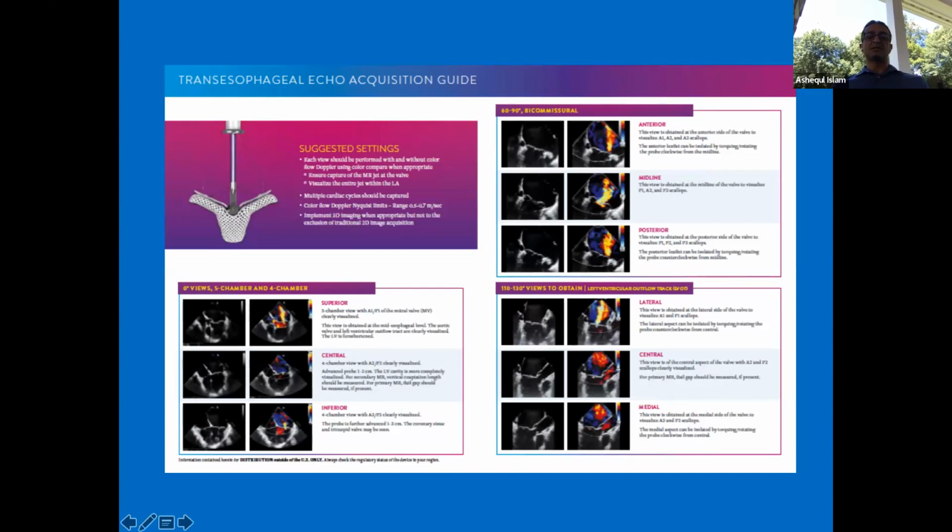So these are the basic TEE angles and concepts to understand, to practice in every single case. So we have a routine, sort of like a protocol that my colleagues would start to evaluate the mitral valve and complete the evaluation by looking at each and every aspect of what we just discussed.